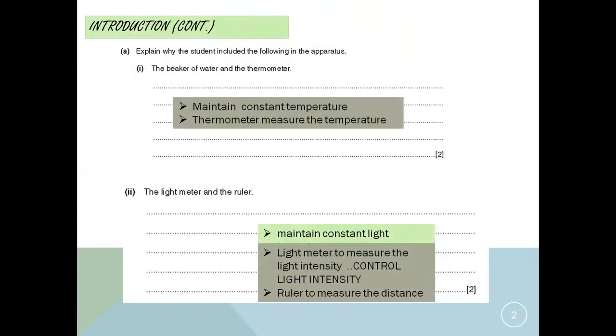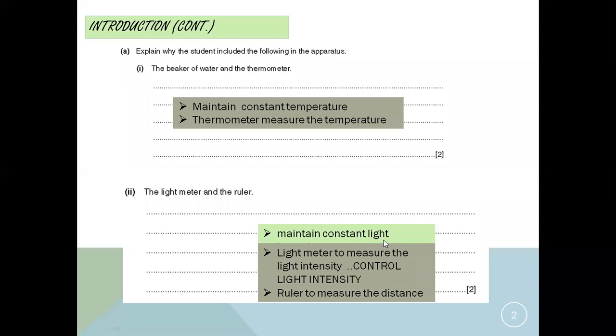Now another question: why do we use the thermometer? The thermometer is used to measure the temperature. Second, the light meter and the ruler. Why do we use the light meter?